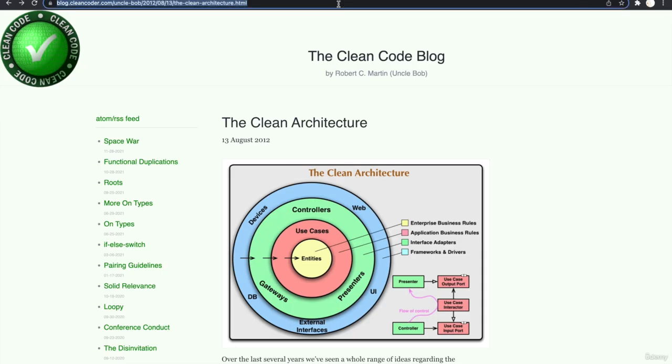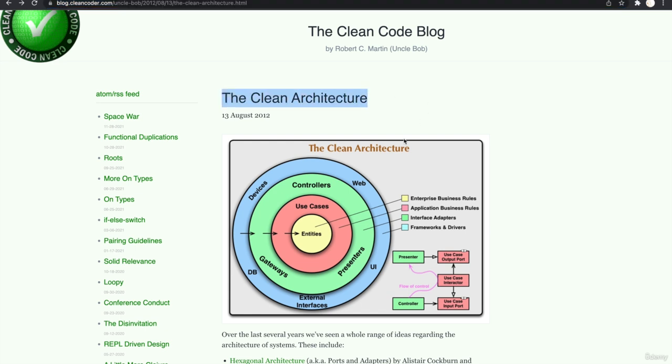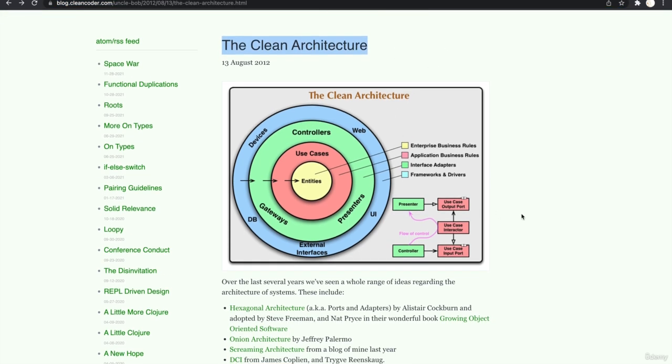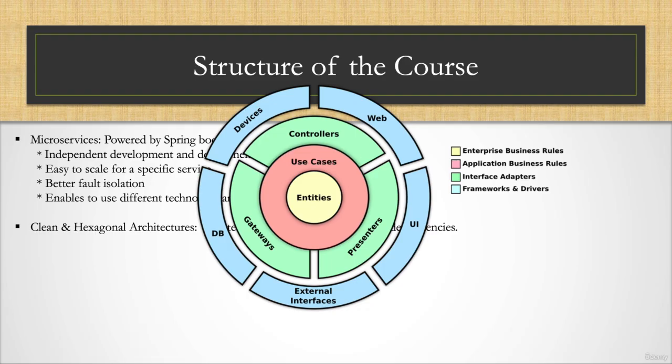The clean architecture proposed by Robert Martin in 2012 covers the concepts of hexagonal architecture and onion architecture, but also adds a detailed definition on the implementation of the domain layer.